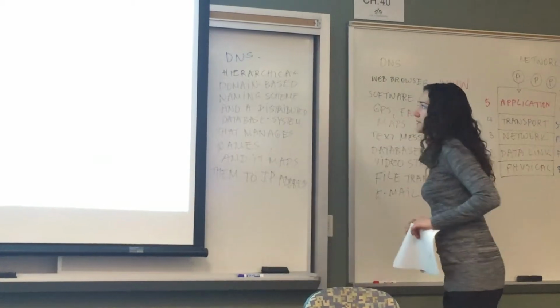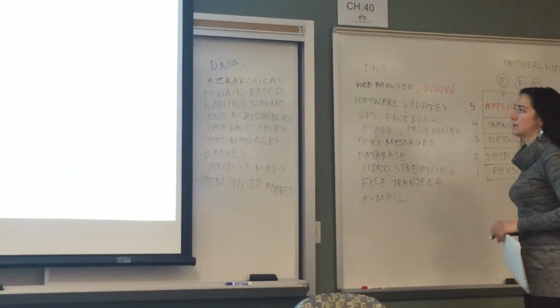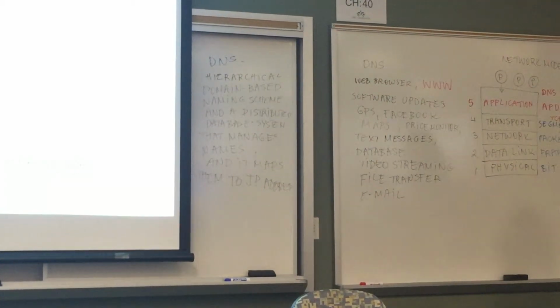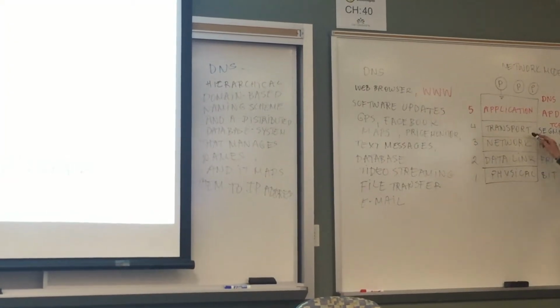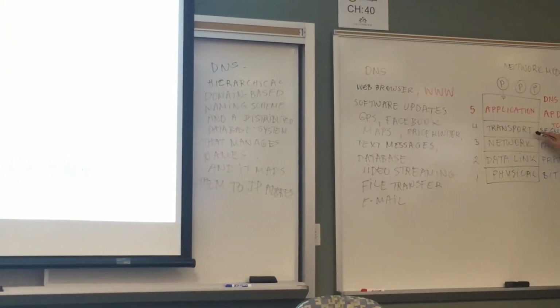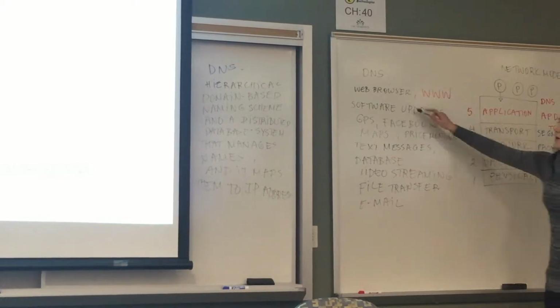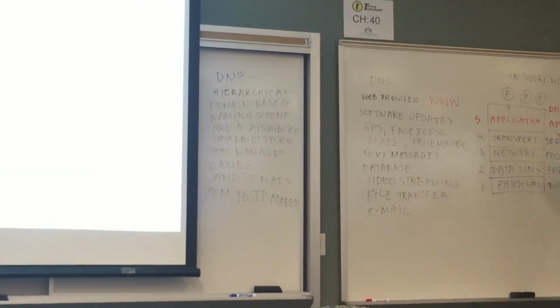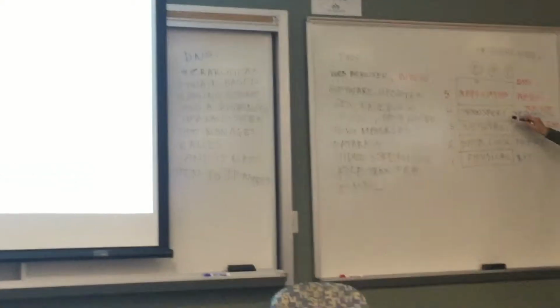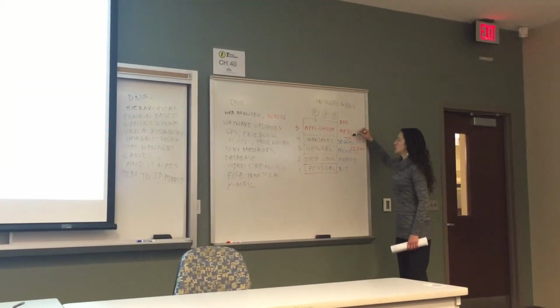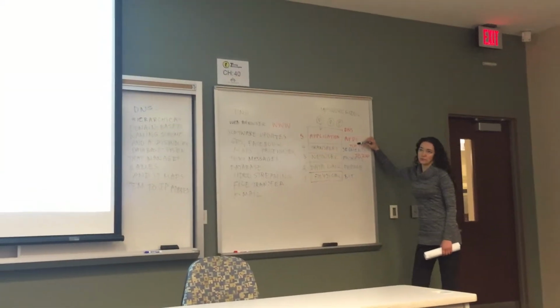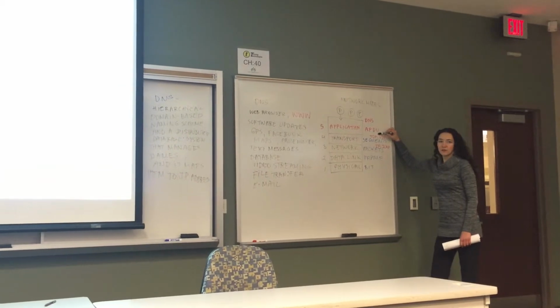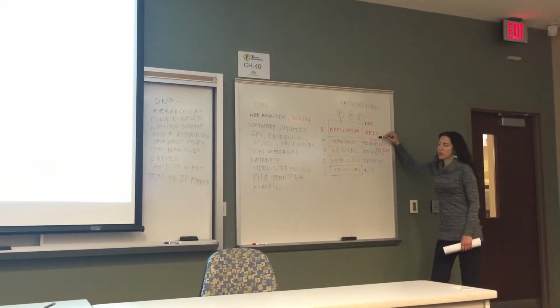So the reason we have this domain name system is because in order for us to connect from the client to the server, let's say this is a web browser that wants to request a web page from a web server. In order to connect to the web server, it needs to establish a TCP connection with the server. Remember the three-way handshake?